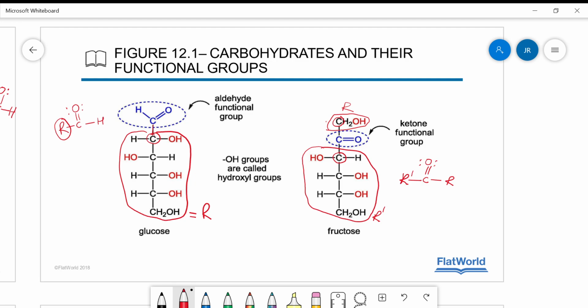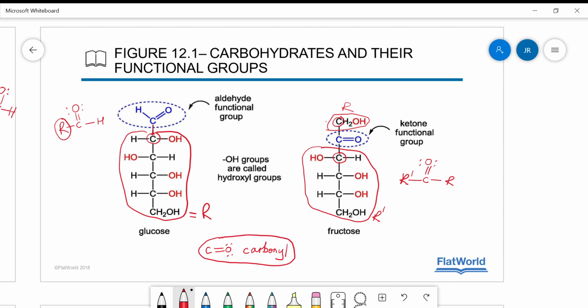So I don't ever have to say C double bond O again. Let me just tell you what the C double bond O is. A carbon with a double bond to oxygen, henceforth we will call it a carbonyl. So now I don't have to keep saying C double bond O. It's a carbonyl.